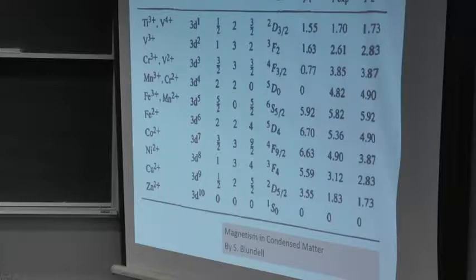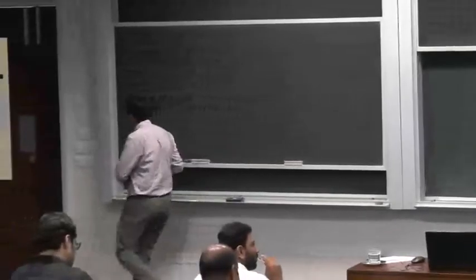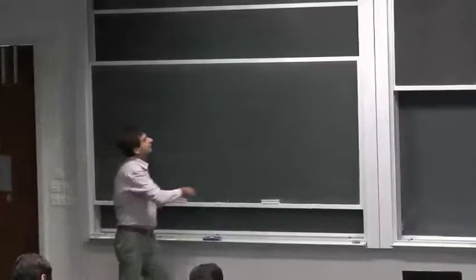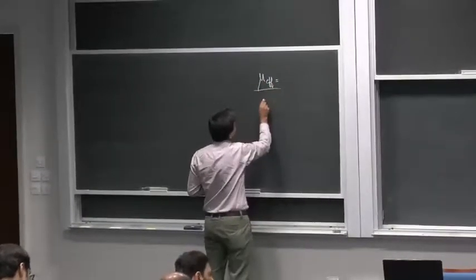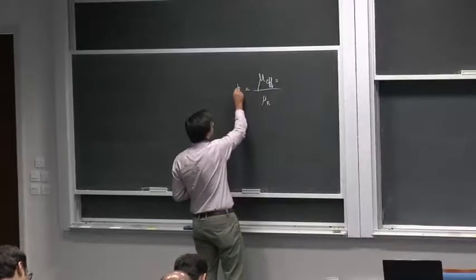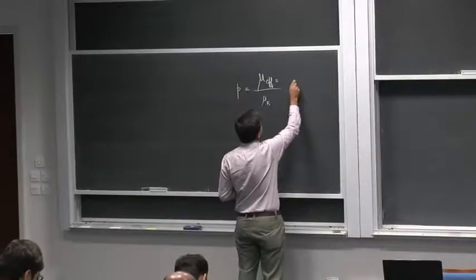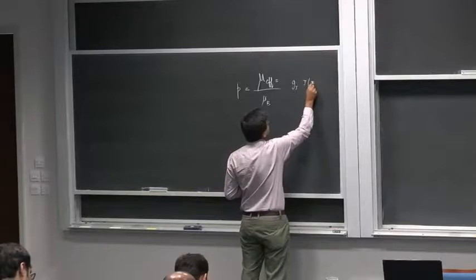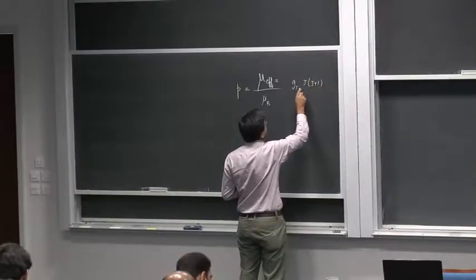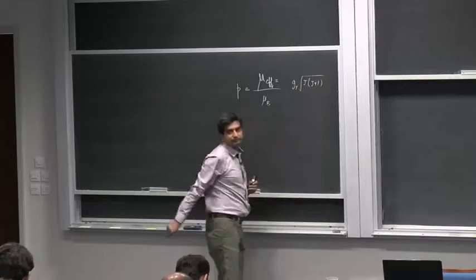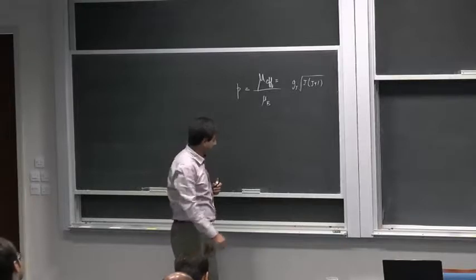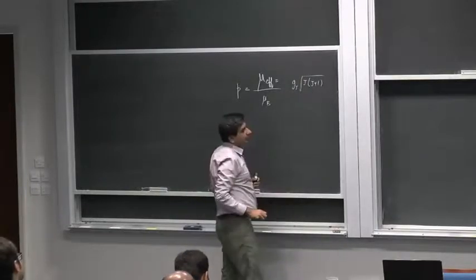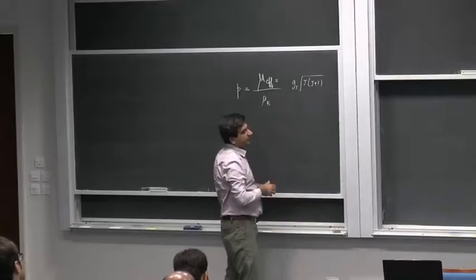So the effective magnetic moment, you might all recall, is given by, so mu eff over mu B is what we've defined as P here, and this is gJ times the square root of J(J plus 1). So this value is plotted for all of these ions. This is the value of P.